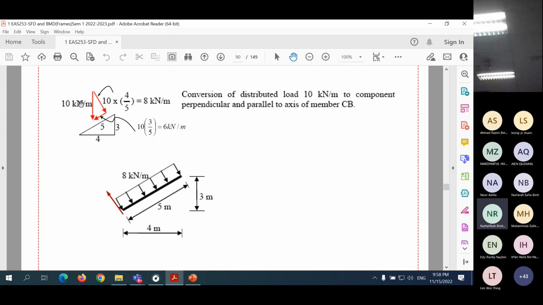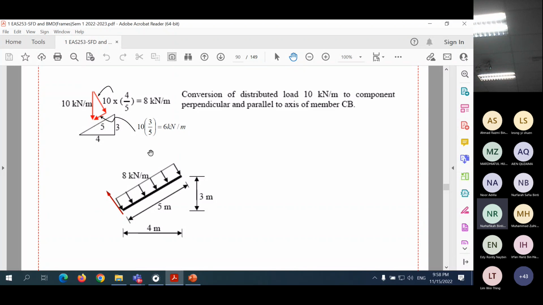So we start with this distributed load. The distributed load is vertical. So we have to get the component which is perpendicular to the member and parallel to the member. That is being calculated in this diagram here. So the inclination of this member is 4, 3, and 5. This is from the dimensions given to us. This dimension is 4, this dimension is 3, this is 5.